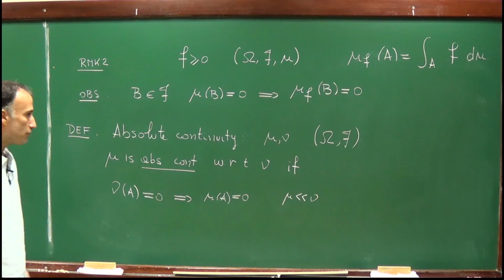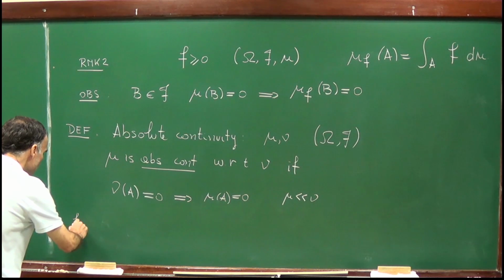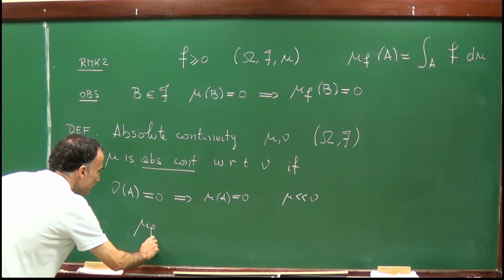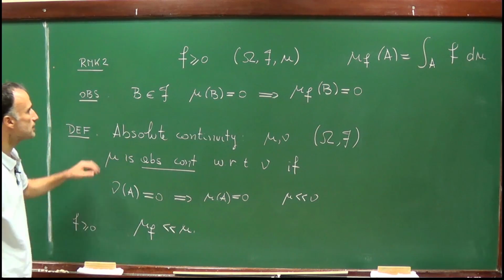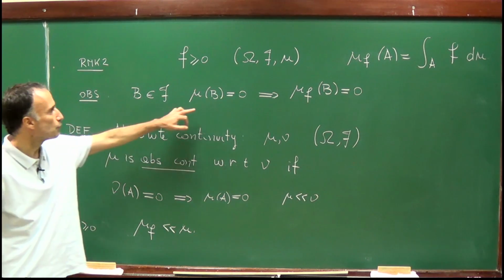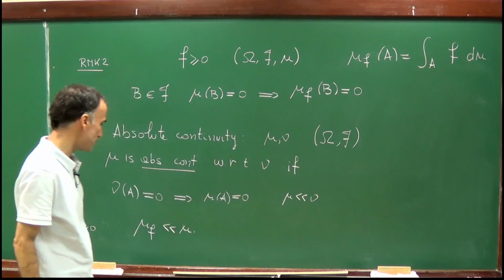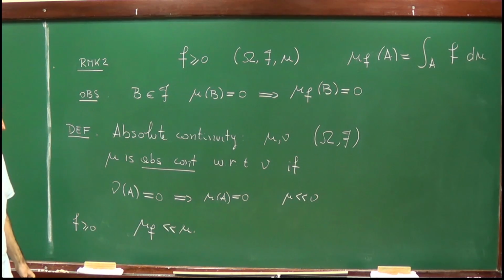And we have just seen in this example that if I have a function f which is non-negative, then the measure mu f is absolutely continuous with respect to mu. This is exactly what we proved here. If mu of B is equal to 0, then mu f of B is equal to 0, which means that mu f is absolutely continuous with respect to mu.